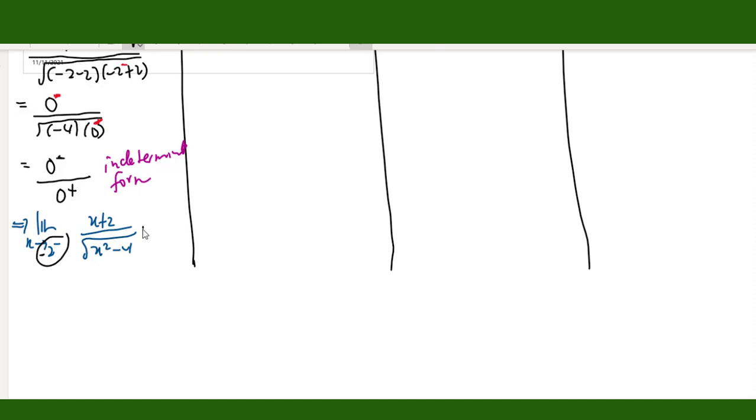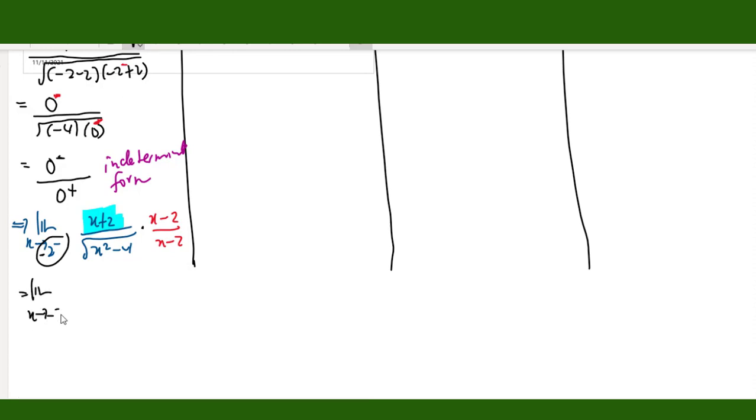So try to multiply by the conjugate. You cannot say that the square root of x squared plus 4 is the conjugate. No, this is one term. Try this one as a conjugate: the conjugate is now x minus 2 over x minus 2. Just trial and error.